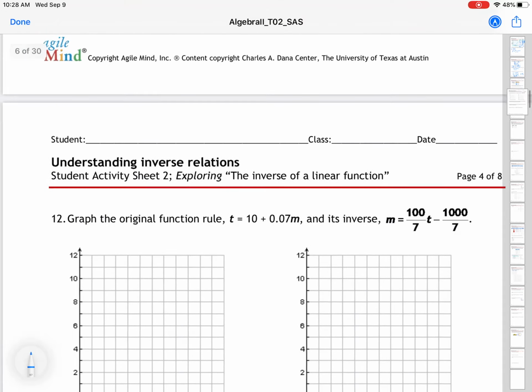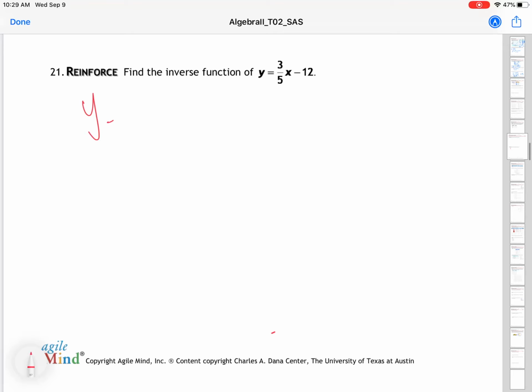All right, I want to go to number 21. Find the inverse of this function.